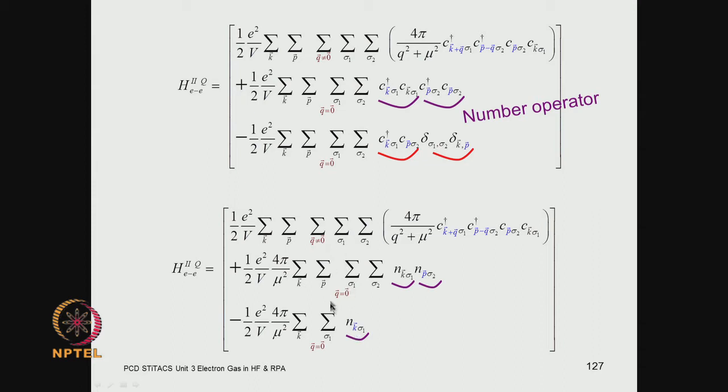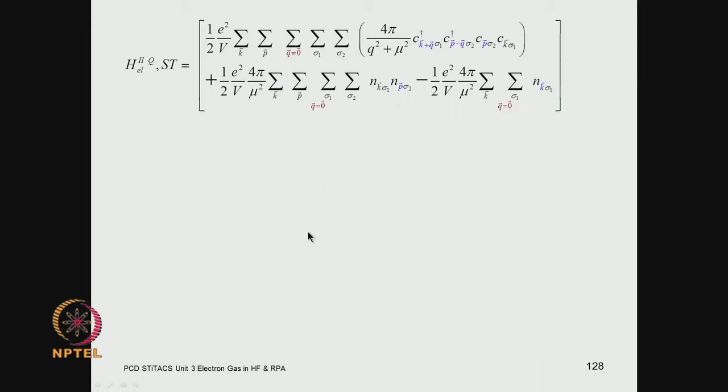So, these are the 3 terms, and the last two, this term and this term, both correspond to q equal to 0. The q not equal to 0 terms are sitting over here. So, this is just a matter of rearrangement of terms, and I will do it a little carefully and walk you through all the important steps, so that we make sure that everything is accounted for appropriately.